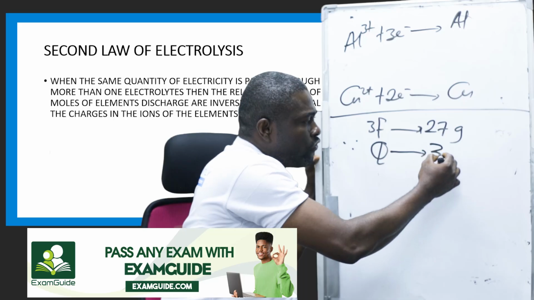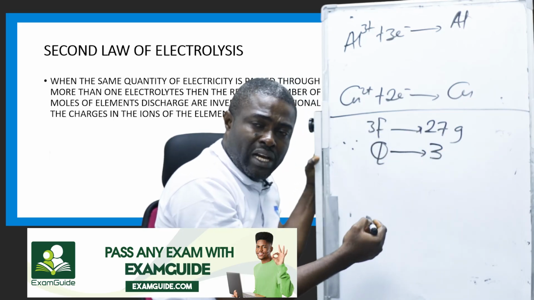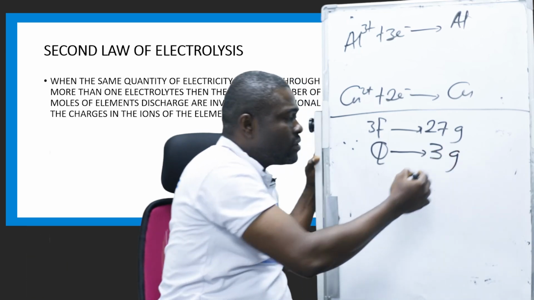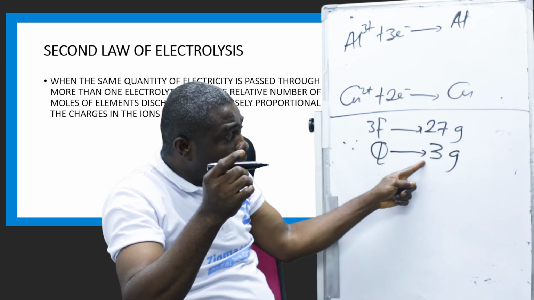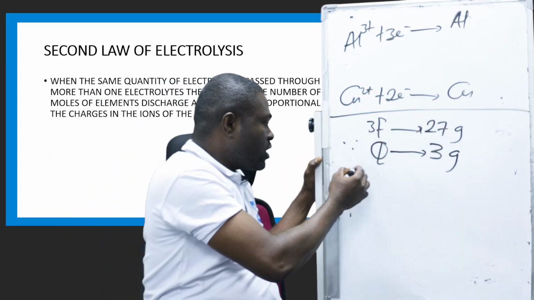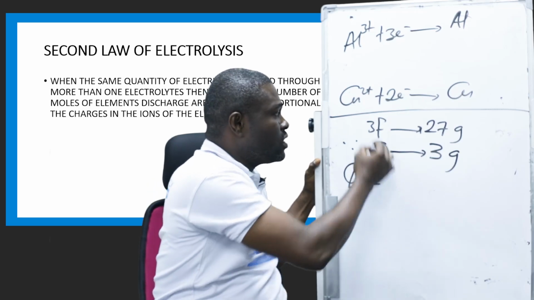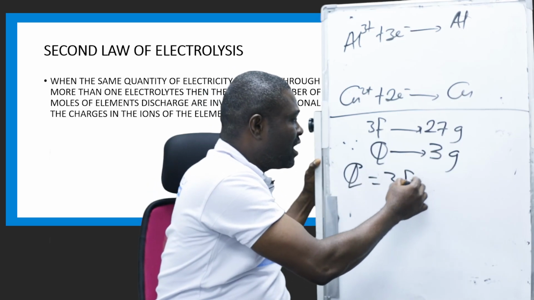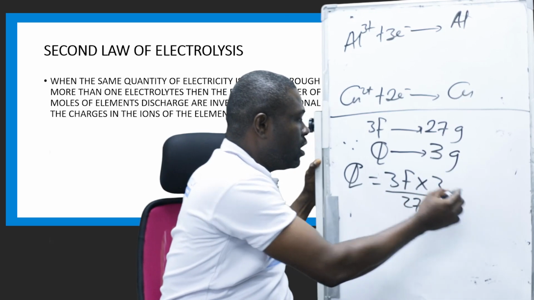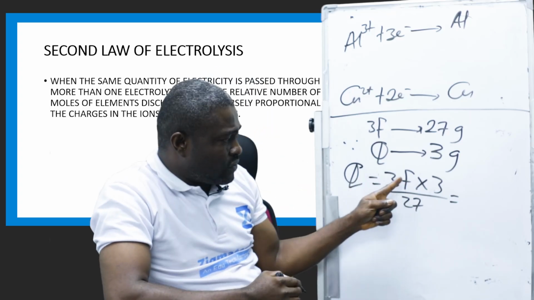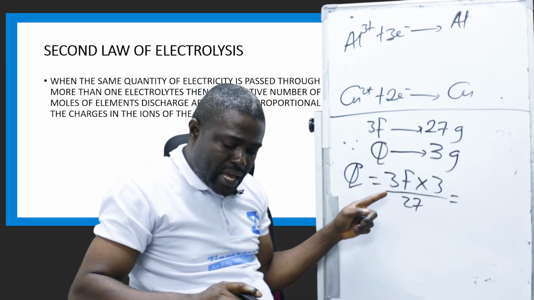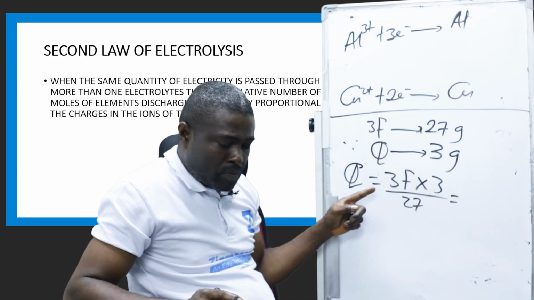So here now, we're supposed to find, they are now asking you to do what? Calculate it. So what do I have here now? 3 grams. That is in the question. When 3 grams of this was deposited, with this now, you are looking for the quantity. So what is the quantity now? Therefore, quantity now is you cross multiply 3 Faraday times 3 grams of this, all divided by 27. Don't forget that this Faraday is 96500. So we are going to have what? 3 times 96500, right?